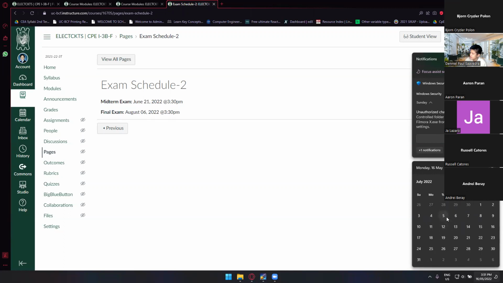One thing you might notice under the examination schedule for finals is that they only gave us three dates: August 3, August 4, and August 6. There is no date for Monday and Tuesday classes, so I just put our exam on August 6th.